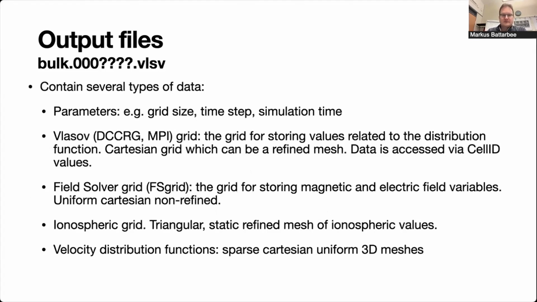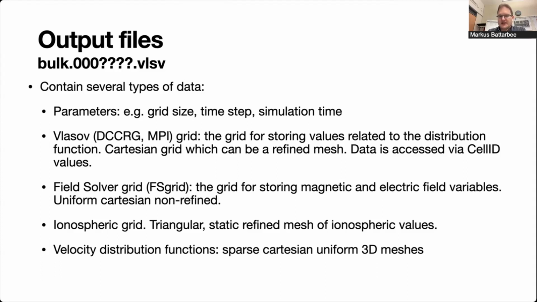So, of the output files, the bulk files, which are what we usually look at, contain parameters. So that is like the grid size, the time step, the simulation time. They contain Vlasiator grid data. This is accessed via cell ID values, and this can be a refined mesh.